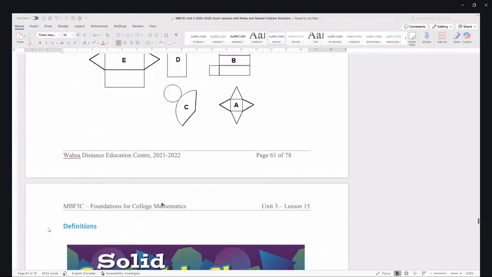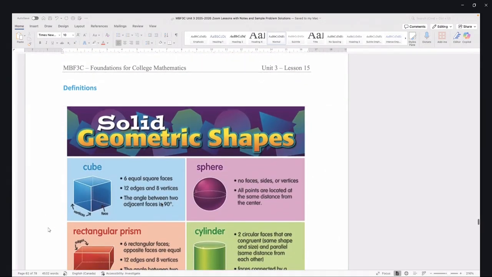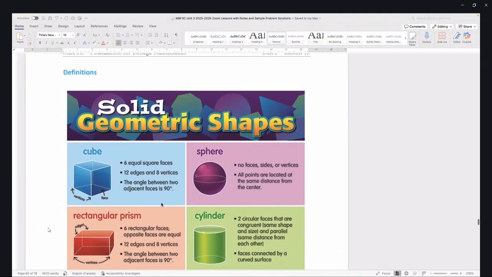So I'm going to scoot down past this, and we're going to look at some definitions. We're going to be talking about geometric shapes. And up until now, we were talking about two-dimensional figures. Now we're going to be talking about three-dimensional shapes. So we're going to take a two-dimensional object, like a piece of cardboard, and we're going to fold it to make a three-dimensional object.